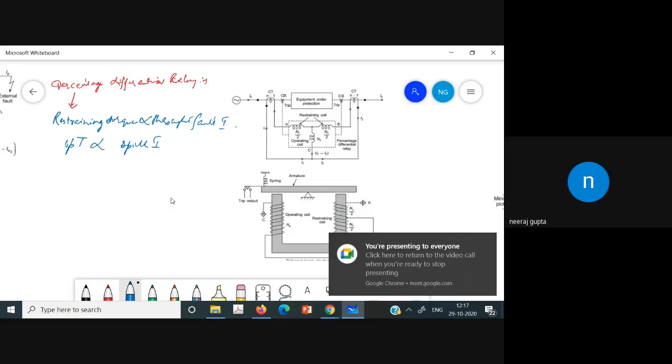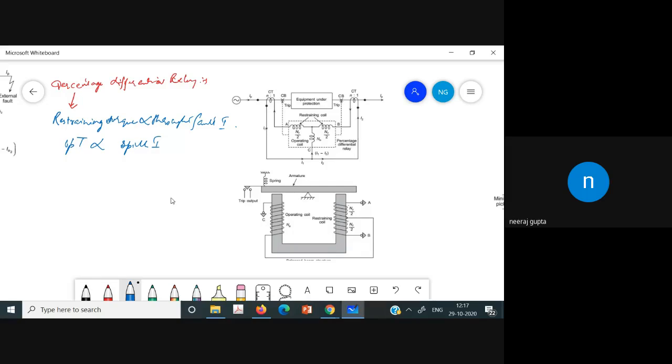So that logic we have to use in that. Now this idea can be implemented by the percentage differential relay.